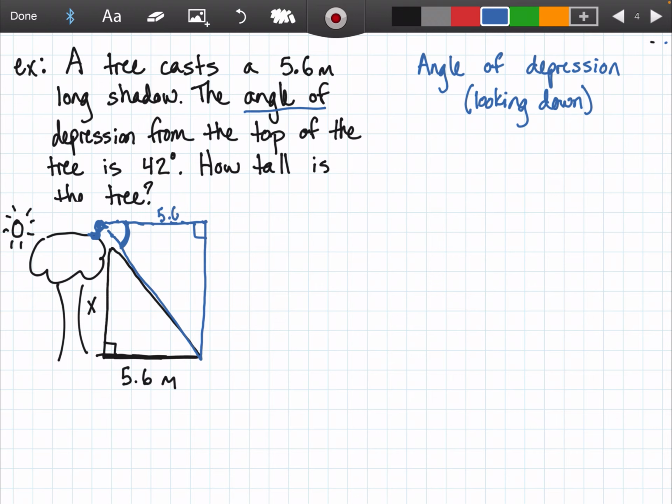And so I could label this part 5.6 and this part X, and this triangle has a 42 degree angle. Notice the black triangle is congruent to the upside down triangle. So I could also put my 42 degrees this way.